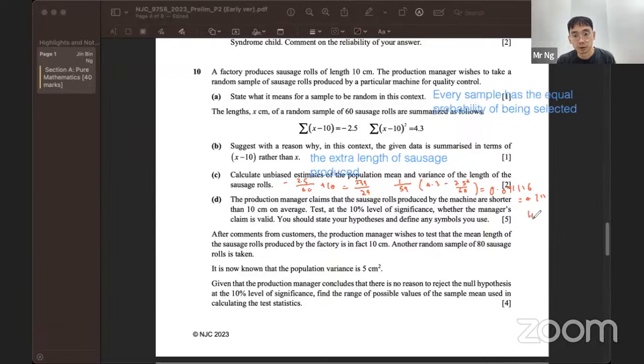Okay, so H naught: mu equals 10. H1: mu is less than 10. Assume H naught is true. Because over here they never say that this thing is a normal distribution.